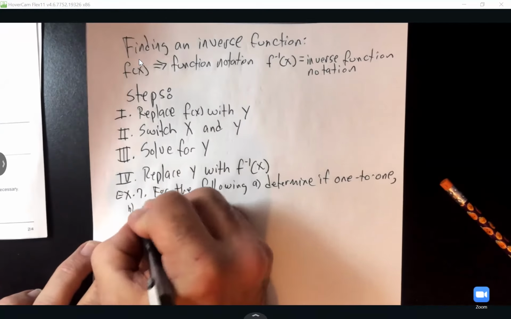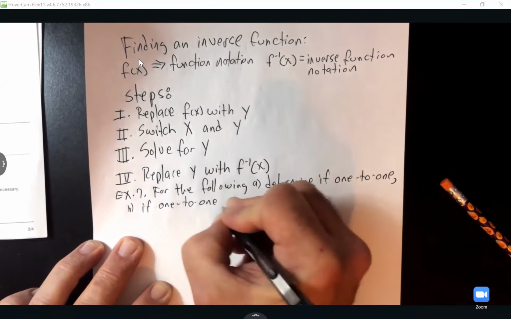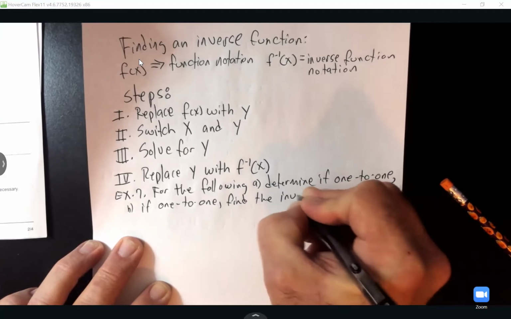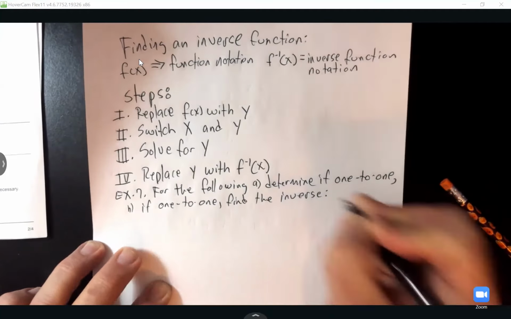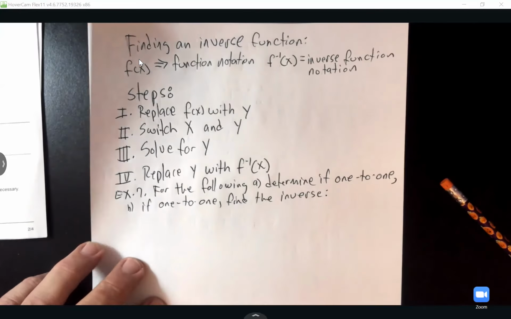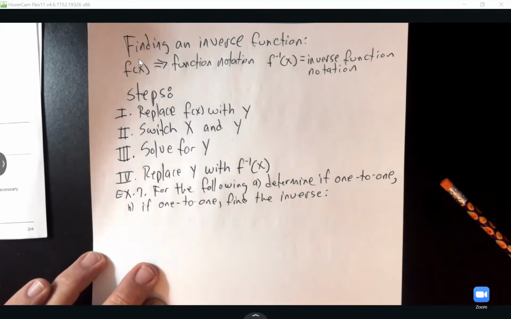Then it says if 1-to-1, find the inverse. So I'm going to give y'all a little hint. All the problems after number 7 are definitely going to be 1-to-1. So you will have to find the inverse of each one of these problems, okay?